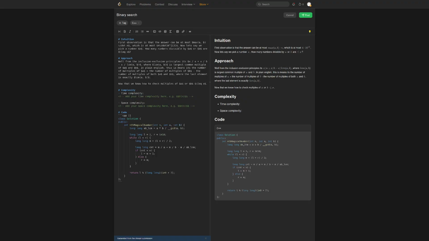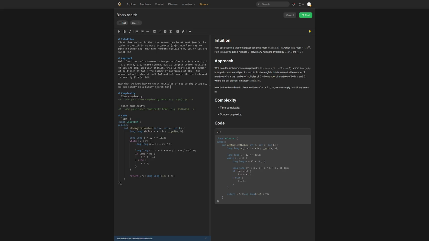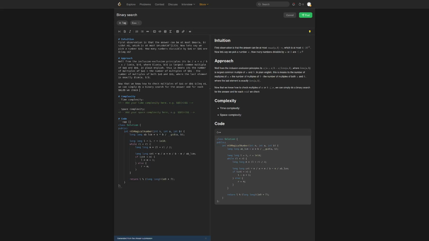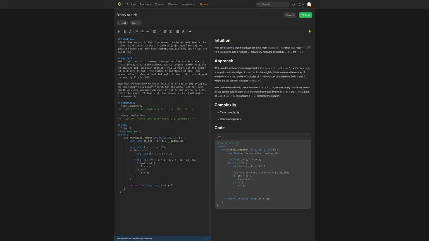We can simply do a binary search for the answer, and for each mid we check how many multiples of A or B are smaller than the limit. If the count is too small and we need more, the answer is over x, otherwise the answer is at most x.